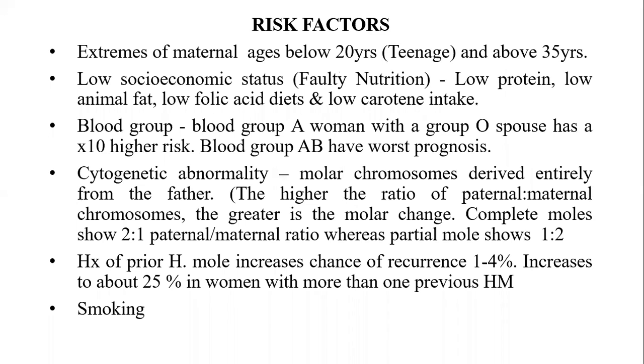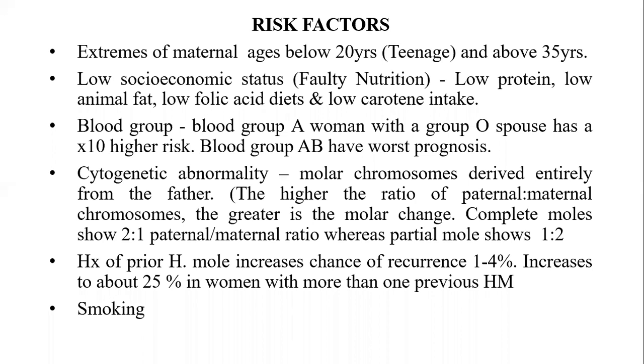So for the risk factors, one of them is extremes of maternal age, so below 20 years for teenagers and above 35 years. Then low socioeconomic status forms part of the risk factors, and it's associated with nutrition, mainly low protein, low animal fat, low folic acid diets, and low carotene intake.